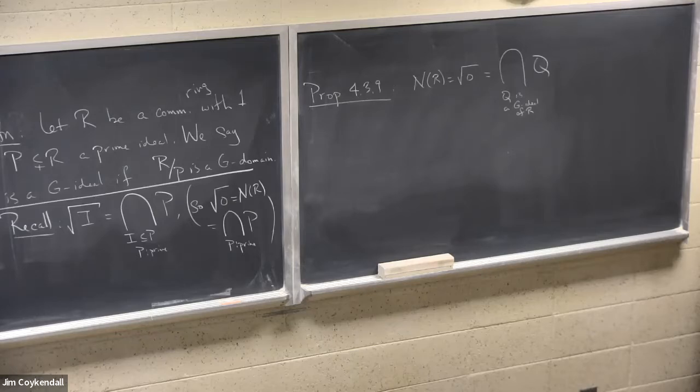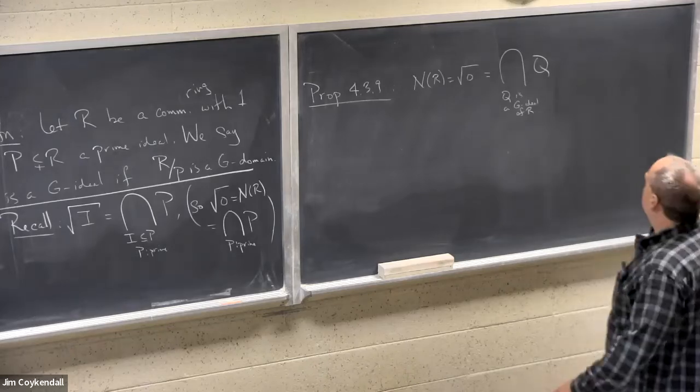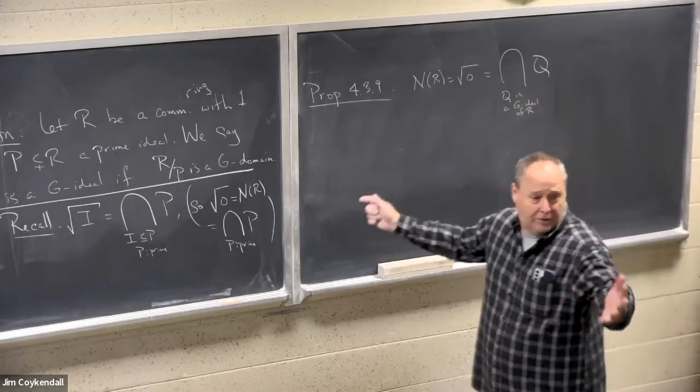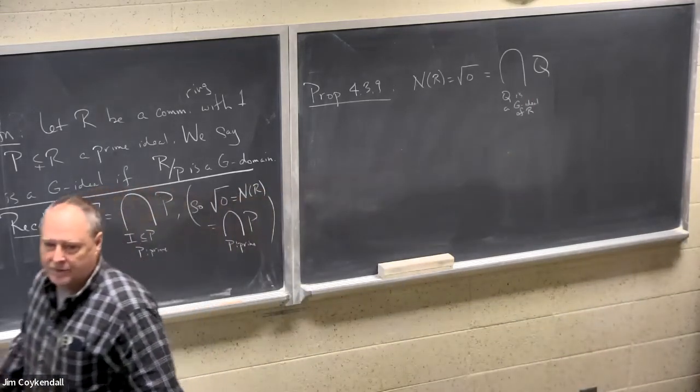Instead of intersecting all the primes, I can restrict myself to only primes that are in fact G ideals. Notice that this collection of G ideals certainly contains all the maximal ideals, because R mod a maximal ideal is a field, which is automatically a G domain. So this is the intersection of maximal ideals and perhaps some others.